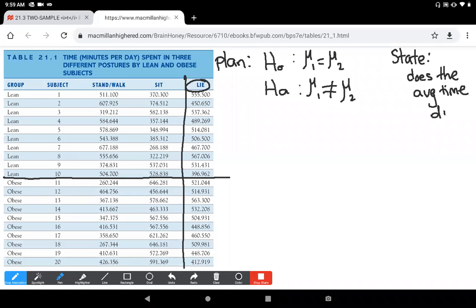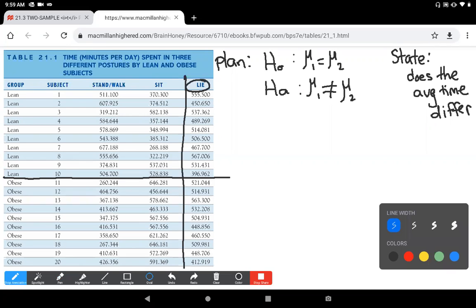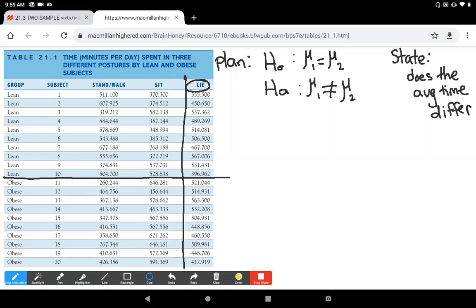That's our keyword there, differ. We know from that keyword that we need the not equal to symbol.